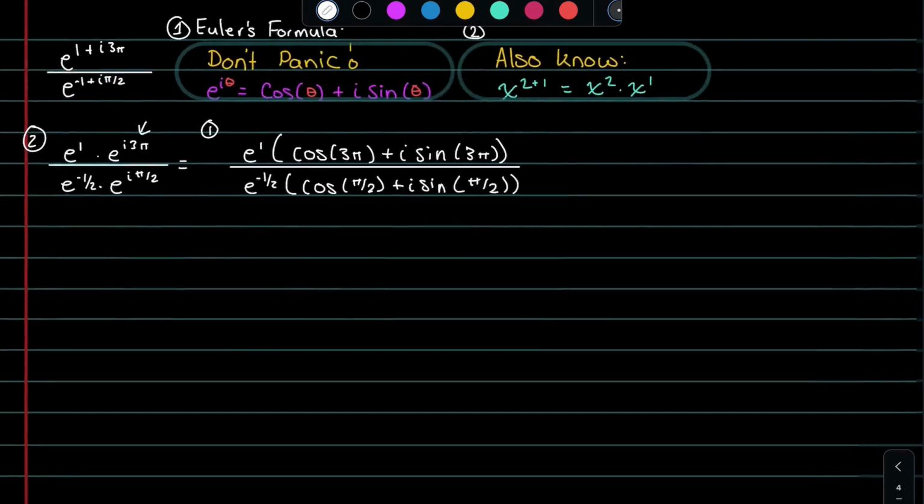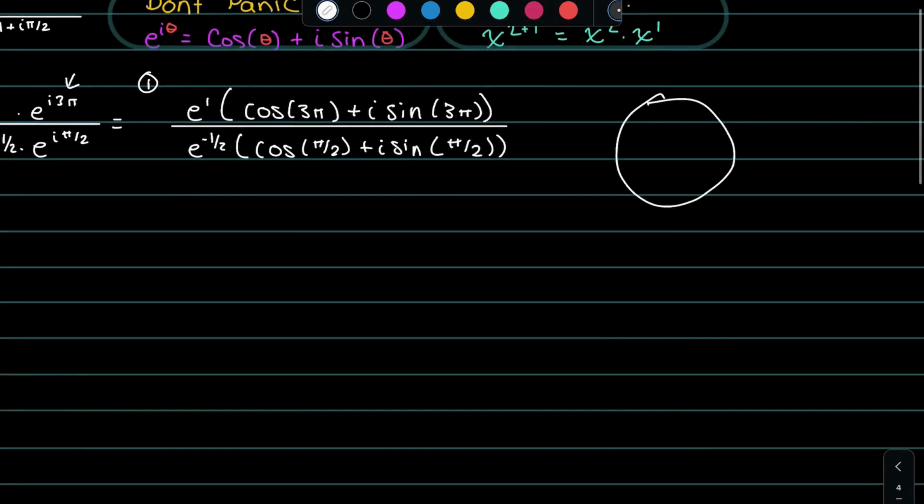So if we take a look at the unit circle, just draw a little unit circle. And we take a look at 3pi, so this is 1 pi, 2 pi, 3 pi will be over here. So our coordinates for 3 pi is going to be negative 1, 0. And then our coordinates for pi over 2 is going to be here, 0, 1.